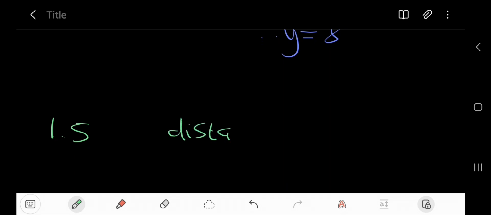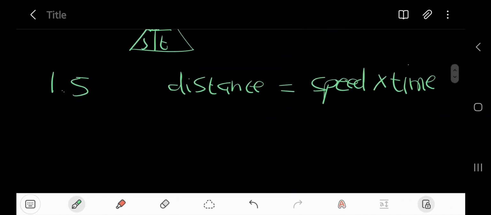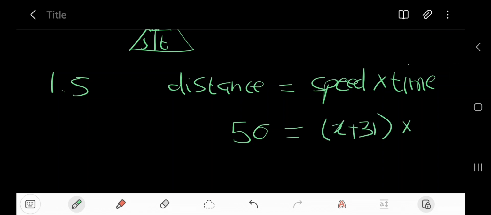So let's change the pen. So this is what we have. We know that distance is equal to speed multiplied by time. It's from this triangle here where we have d, s and t. We know the distance is 50 kilometers, and our speed is x plus 31, and we're looking for the time.